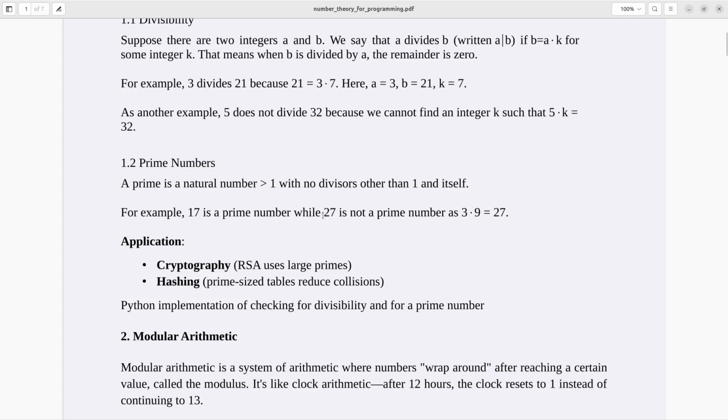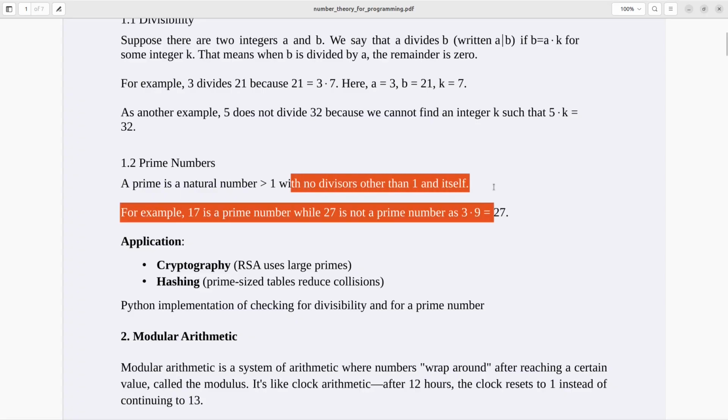But 27 is not a prime number because I can find 3 times 9 equals 27. That means 3 divides 27 and 9 also divides 27. So we can say that 27 is not a prime number according to the definition here.